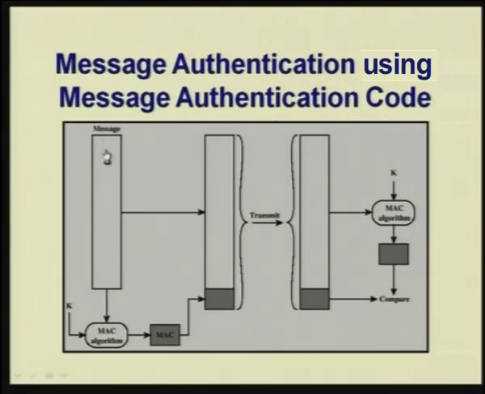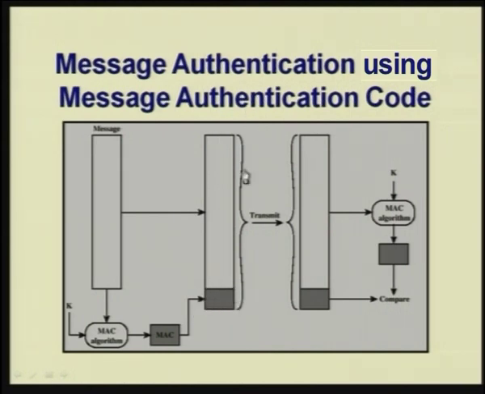You take the message and send it to a message authentication code algorithm, for which the secret key k is also used. You use the key and the message in this MAC algorithm, and you generate a message authentication code. This code is sent along with the message.